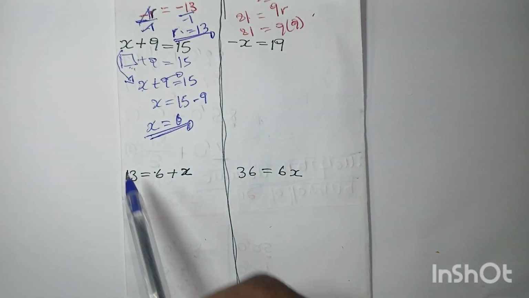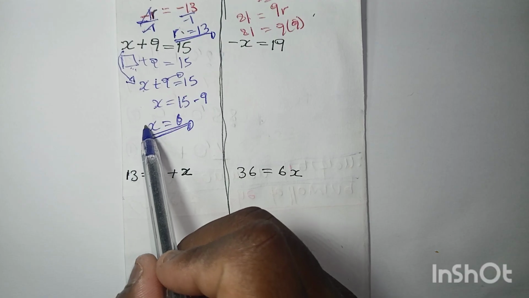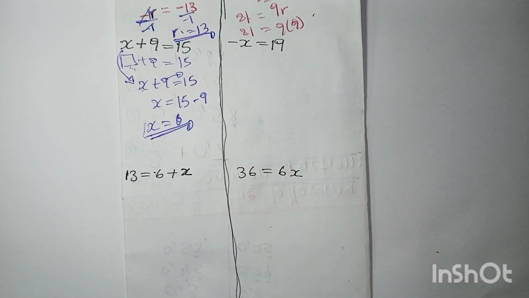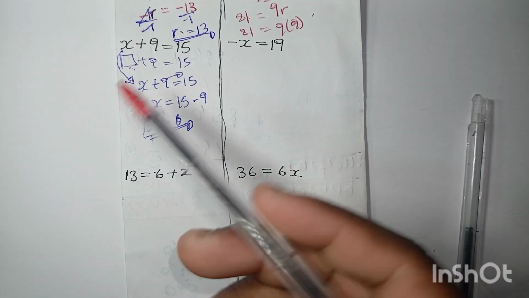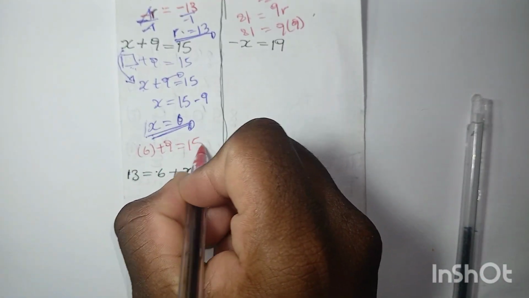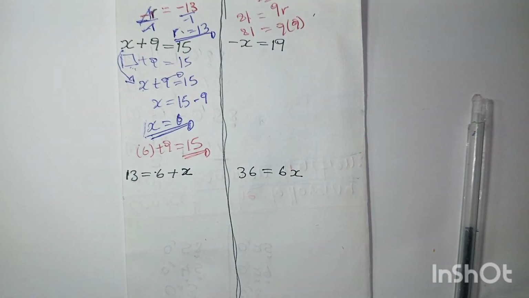You see? No need for you guys to divide by positive 1 there. Here we have an invisible 1. No need to divide by positive 1, because you will still get the same answer, guys. Do you see? So this means that from my equation I got 6 plus 9, which is 15. Do you see, guys?